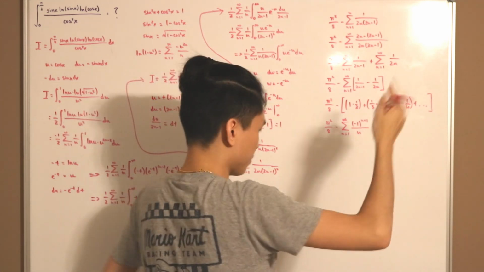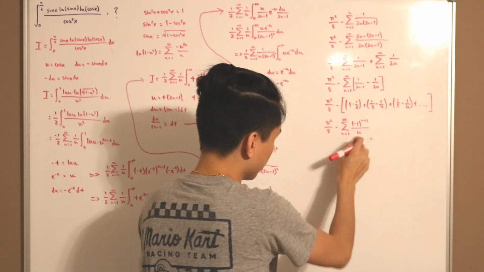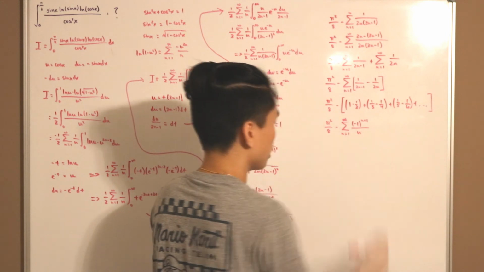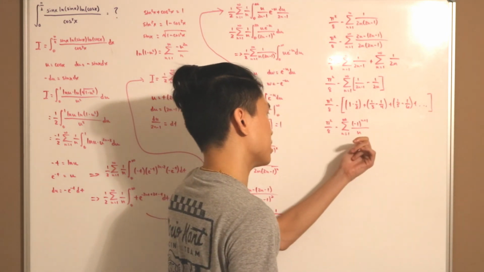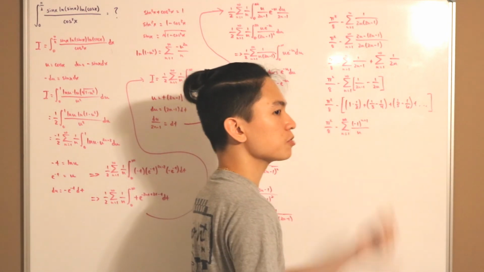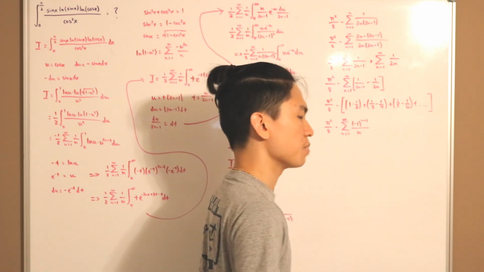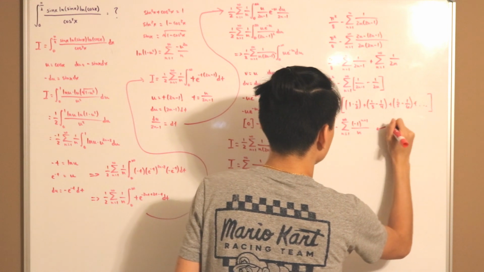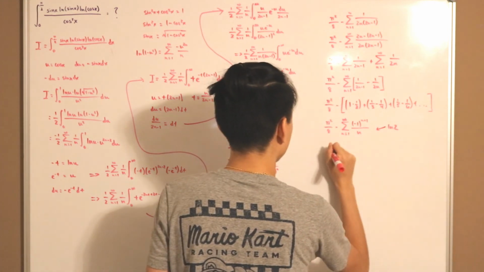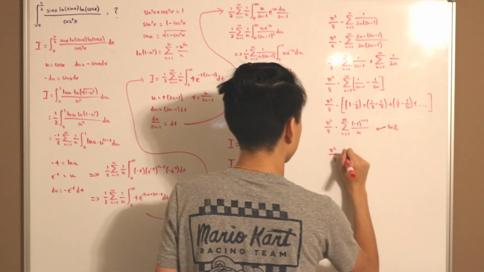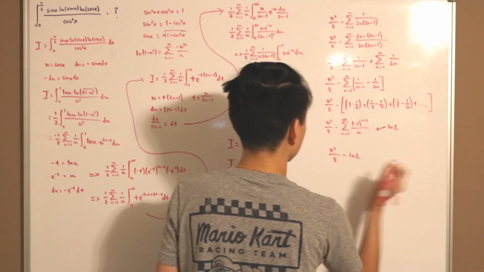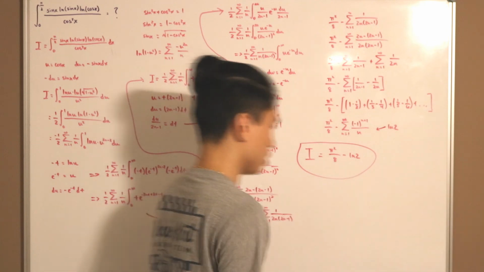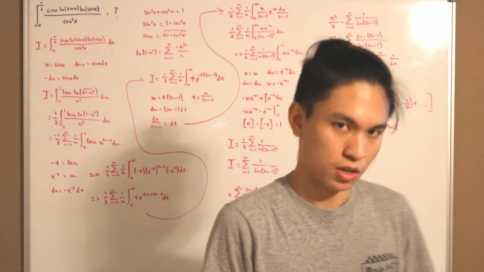I'm not going to go over the methods again, but this converges to the natural log of 2, and you can solve this by using either the Riemann integral or the geometric series. You take your pick. So this converges to natural log of 2, so therefore we have pi squared divided by 8 minus ln of 2, which is equal to I. And we have our answer. I hate this heat.